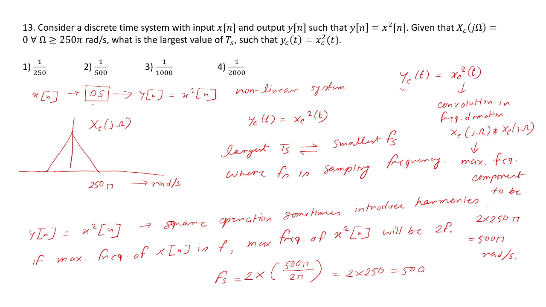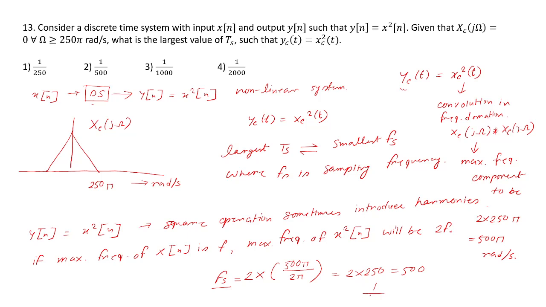You have to sample the signal at 500 Hz to ensure that the nonlinear output yn, when you are reconstructing it, gives the underlying continuous time version yc(t) as the undistorted squared version of the continuous time signal xc(t). So for that, a sampling frequency Fs of 500 is at least required.